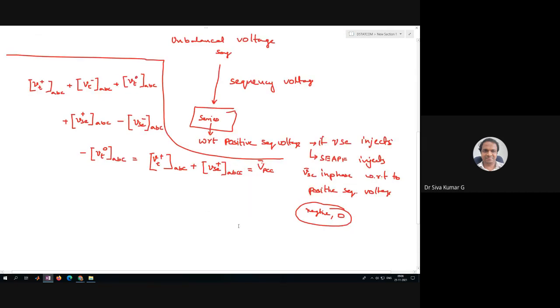One thing we try to understand is that the device which is going to correct is injecting the real power as well as the reactive power in correcting the voltages. Then the series active power filter, there is another name, the series active power filter, or this is about a dynamic voltage restorer.